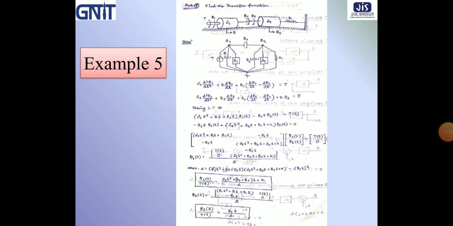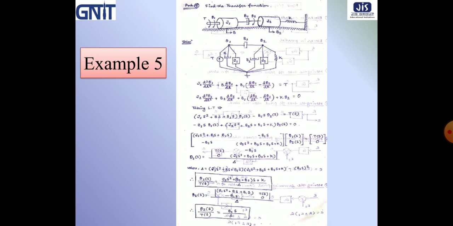And here is one example. Like the previous translational mechanical system, we have to first draw the mechanical circuit diagram. Here two inertias J1 and J2 are connected through a damper, that is B1.